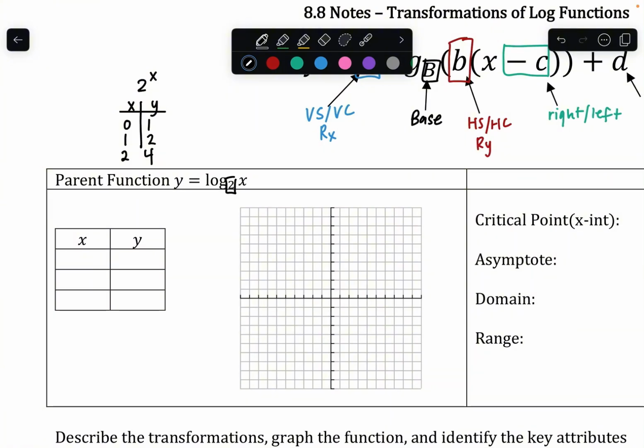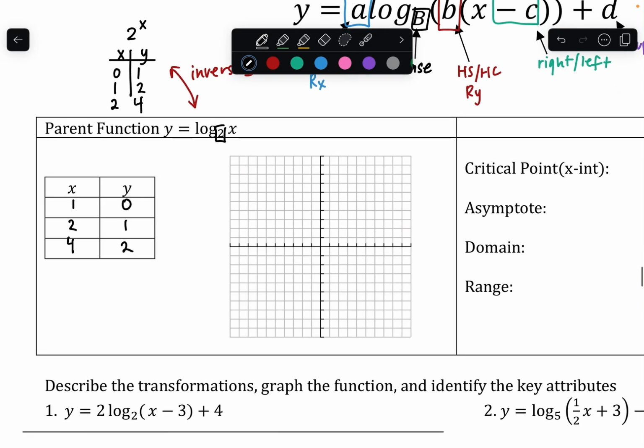These are inverses, and so when we make the table for that, the x's and y's are switched. So we're going to have our 1, 2, 4, and our 0, 1, 2. If I graph this, I have 1, 0, I have 2, 1, and then I have 4, 2.